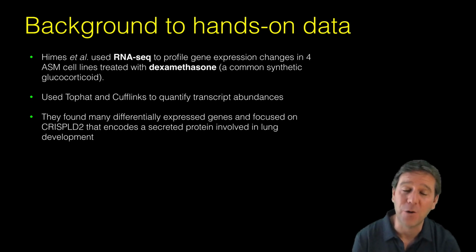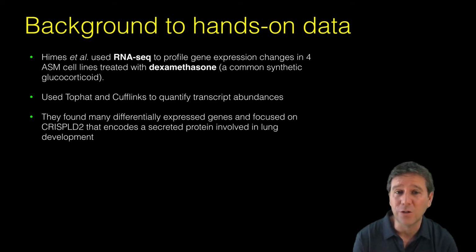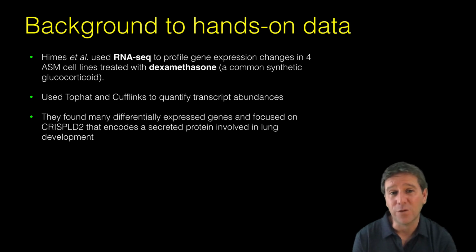Well, they actually found many genes that were differentially expressed or differentially regulated upon the treatment with these compounds, but they really focused the remainder of their manuscript on one gene called CRISPLD2 that encodes a secreted protein that they had previously found was involved in lung development.